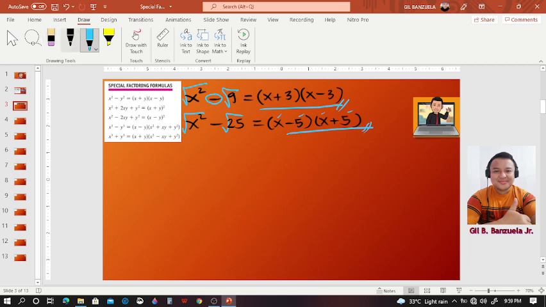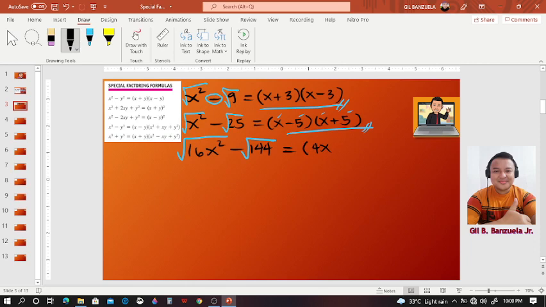So supposing I have 16x squared minus 144. Ayan. So basically, we have to test if the first and the second element that we have here are perfect squares. So let's get the square root of both terms. The square root of 16x squared would be 4x, because 4 raised to 2 is equal to 16.